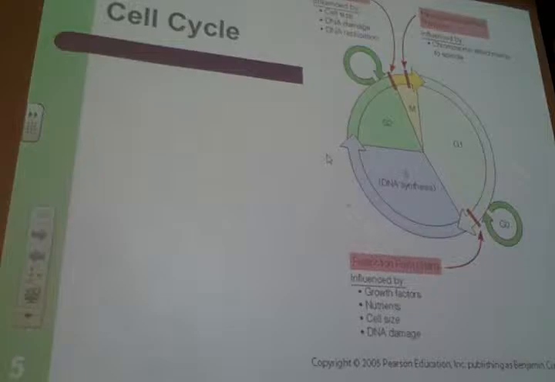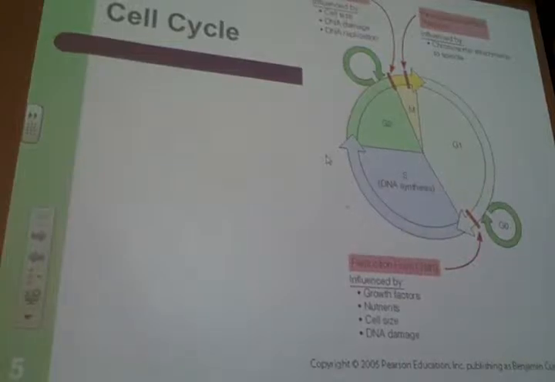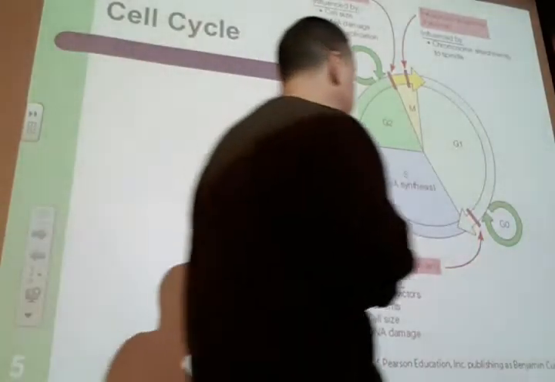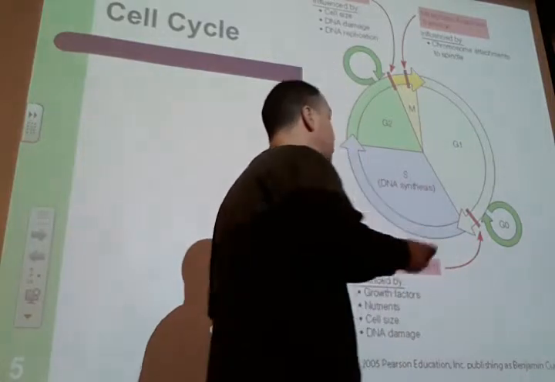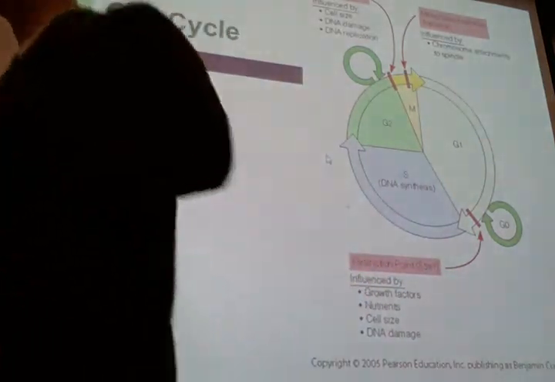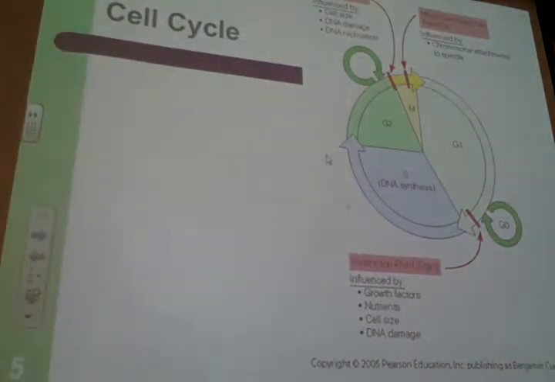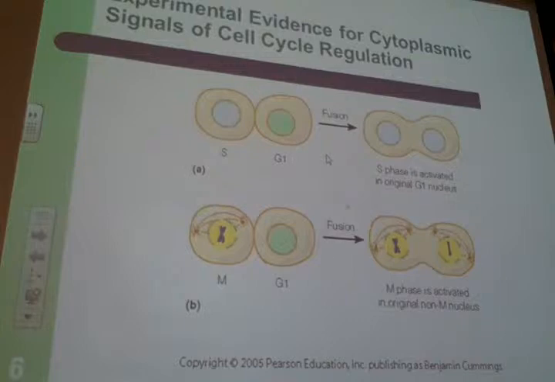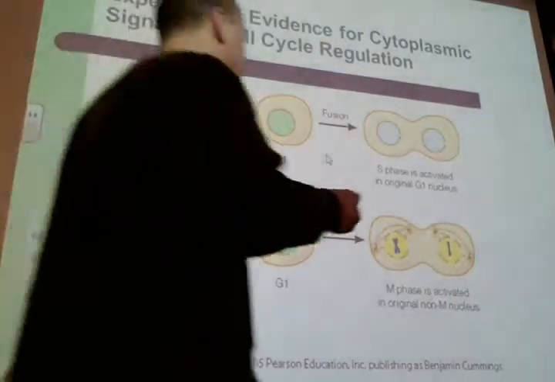So it's looking for different things at different parts of this process, but under ideal situations, it's monitoring a lot of stuff, especially before it makes the commitment to go to the next stage. So then people, of course, wanted to know what's really going on here on a molecular level.